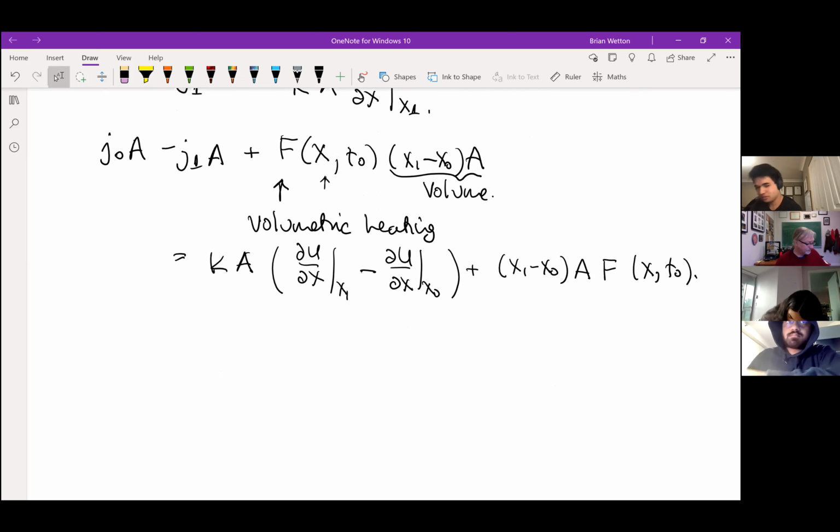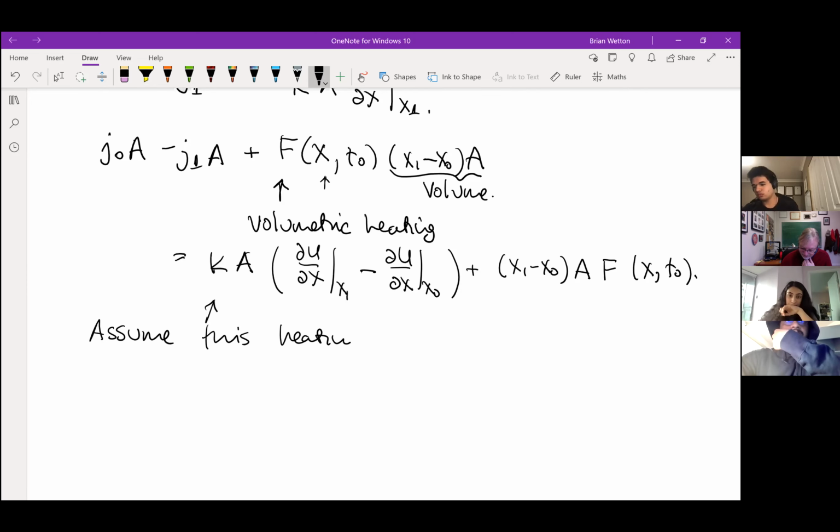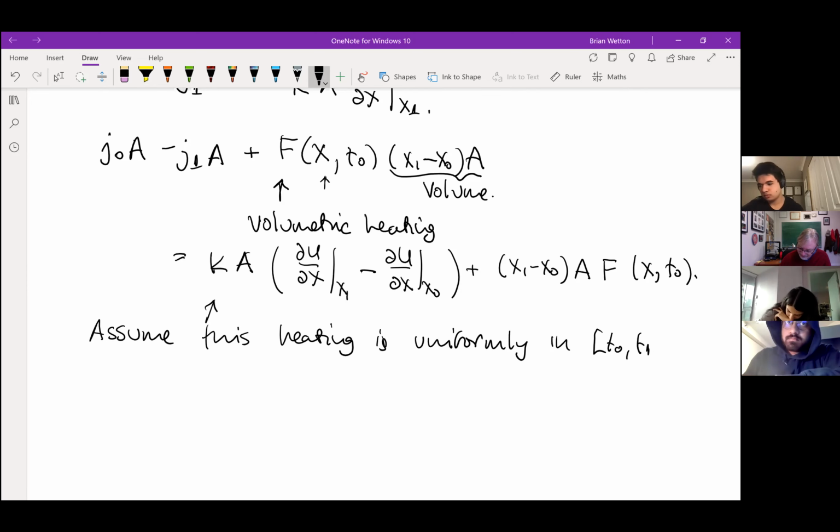Okay. Now I'm going to assume this heating term has units of watts, joules per second, right? I'm assuming that this heating is happening uniformly in the interval T0 to T1.